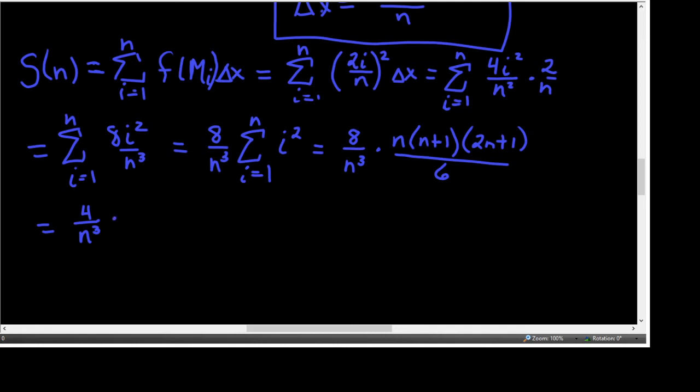and what we're left with otherwise is n times n plus 1, which is n squared plus n, multiplied by 2n plus 1.